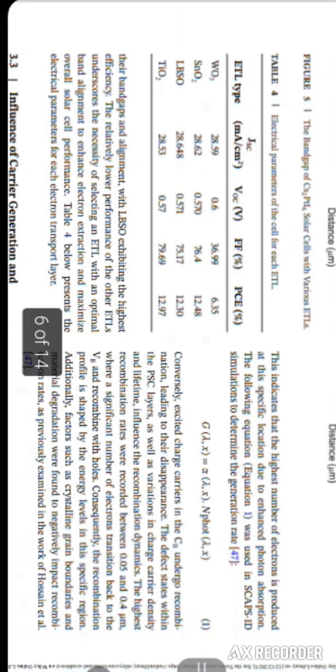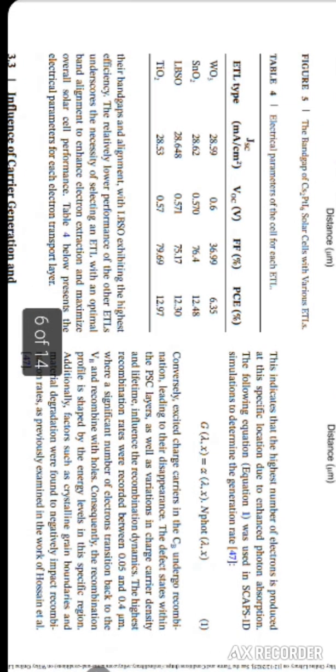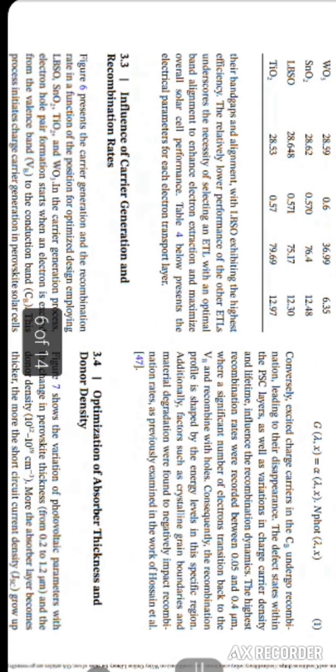So we can understand why the power conversion efficiency of titanium dioxide became the best here.